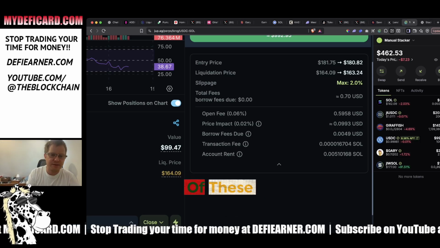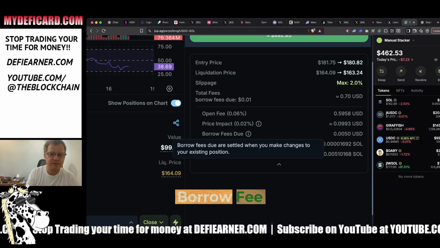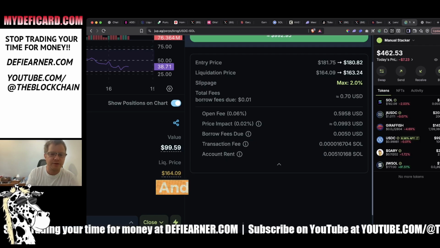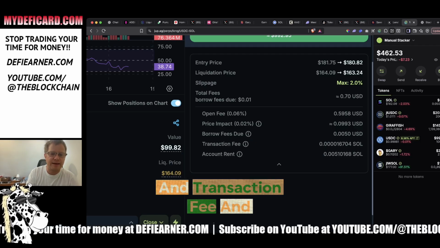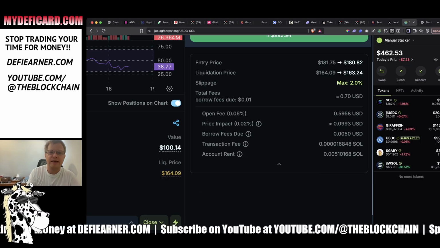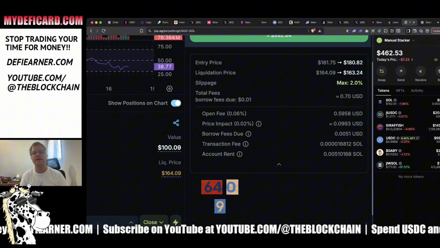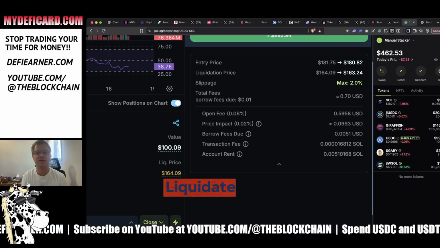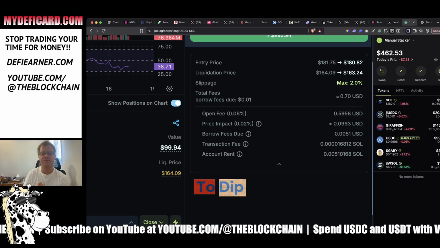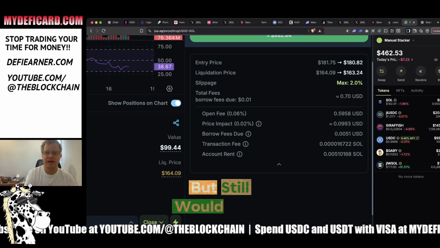We can go through all of these: price impact, borrow fee, transaction fee, and account rent. And account rent you actually get back. Now, what it means is the liquidation price, which was at 164.09, will not liquidate until 164.24. So it would have to dip further, less than $1, but still would have to dip further.